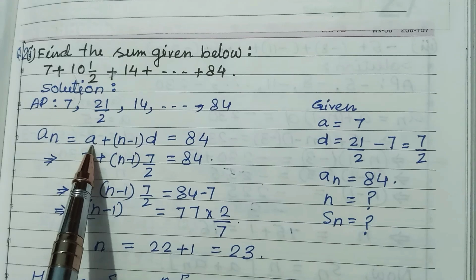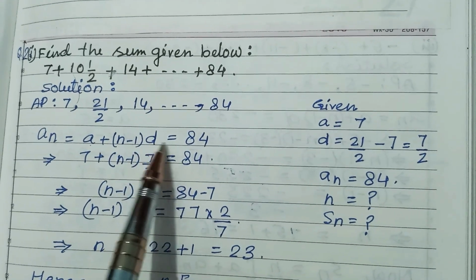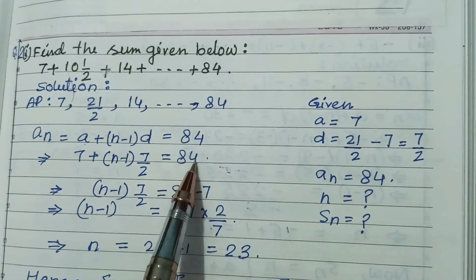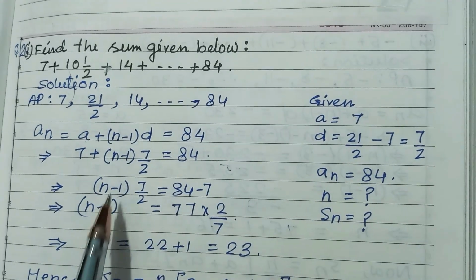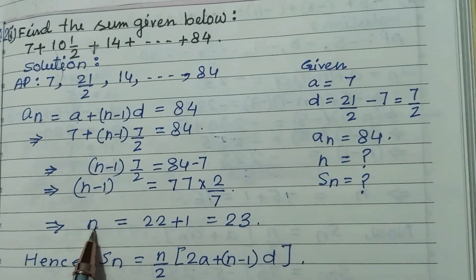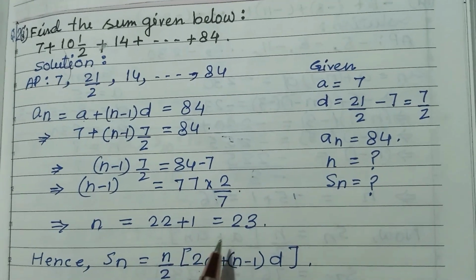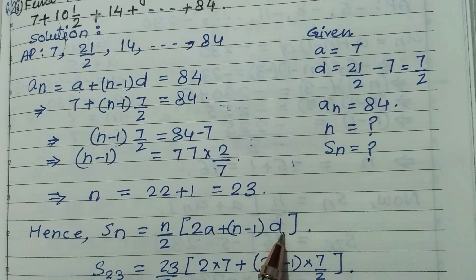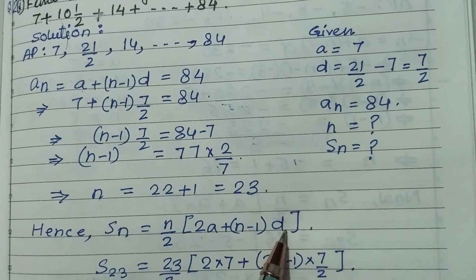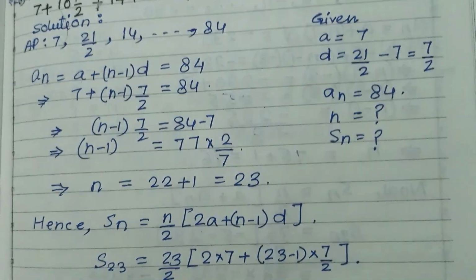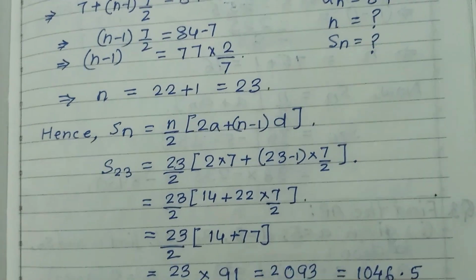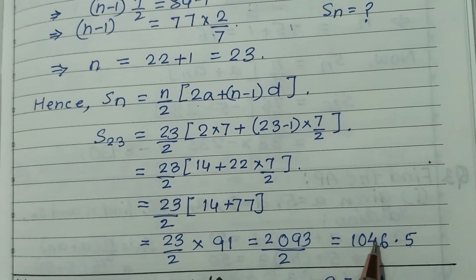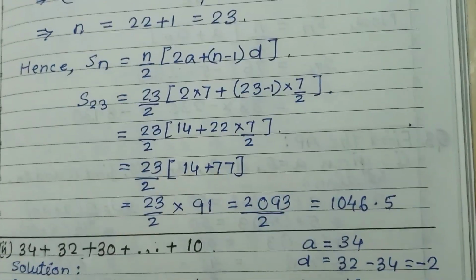So a plus (n minus 1) into d is equal to the last term, 84. From here you find n. When you get n, then Sn is equal to n upon 2 into (2a plus (n minus 1) into d). Substitute the values in this formula and it is coming 1046.5.